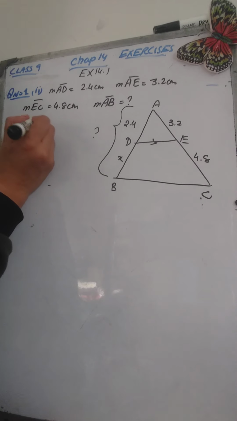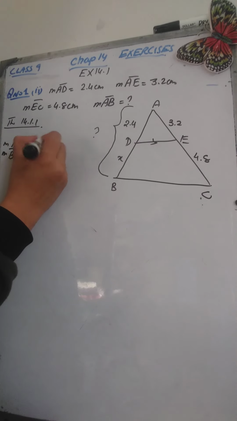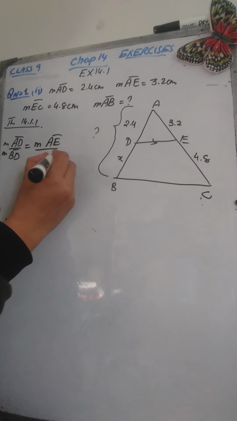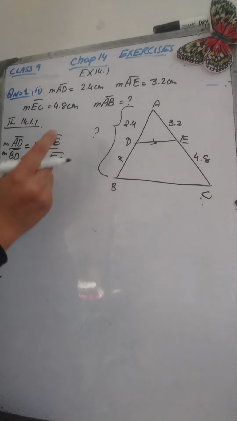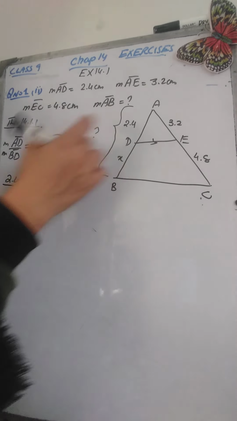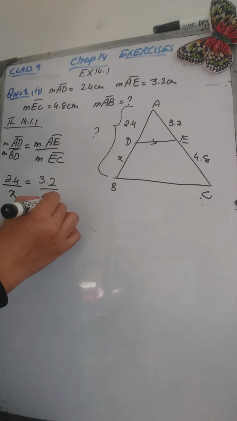theorem 14.1.1, measurement of AD over BD is equal to measurement of AE over measurement of EC. Putting the values, AD is 2.4 over BD, the unknown value which we want to find, equals AE, which is 3.2 centimeters, over EC, which equals 4.8.